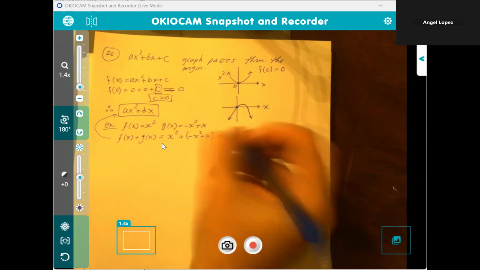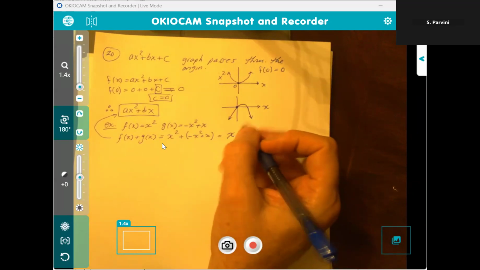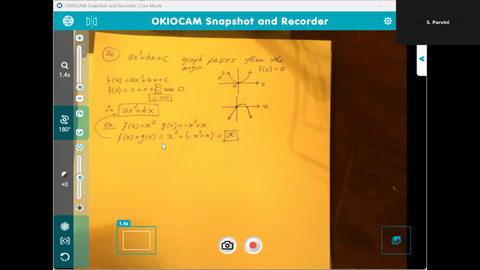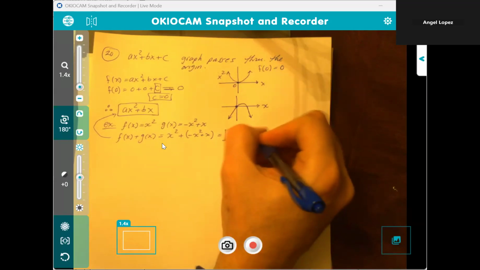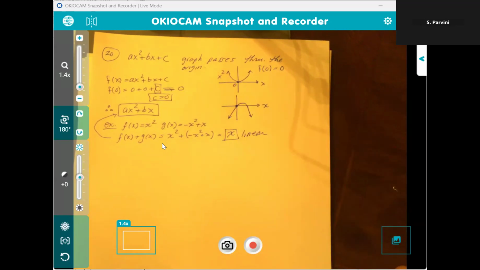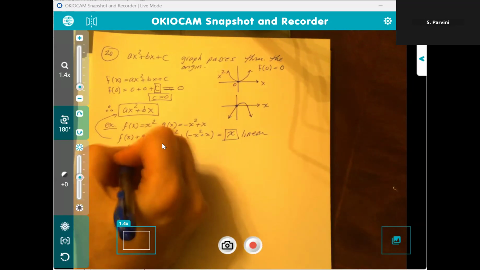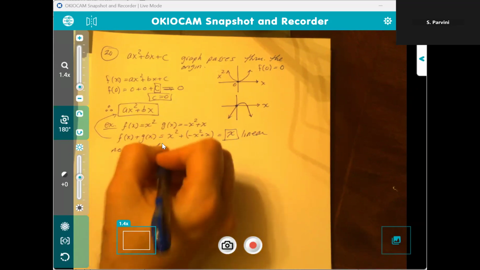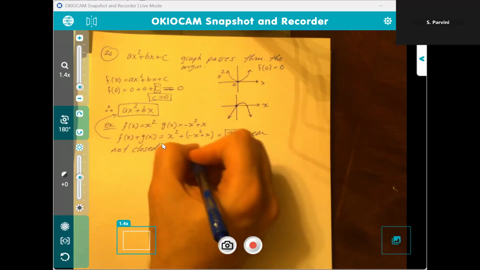Just x. Only x. And what do you think? Is this a quadratic function? No, it's a linear function, right? Therefore, not closed under addition.